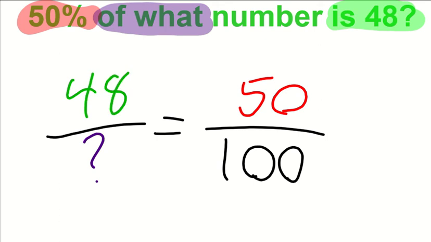So the is 48. 48 times 100 divided by 50 gives me 96. Okay? I saw a couple of y'all had that set up incorrectly, with that 48 on the bottom. We follow why the 48's on top? Yeah, because it's the is. 48's the is.